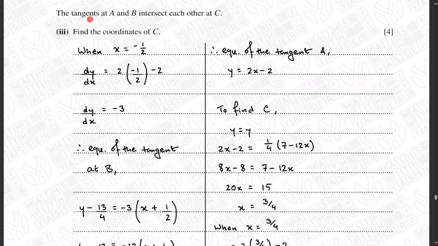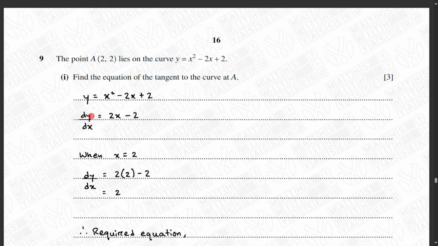Now they're talking about the tangents again. So let's find the gradient when x is negative half. So dy by dx is 2x minus 2, which we found previously.